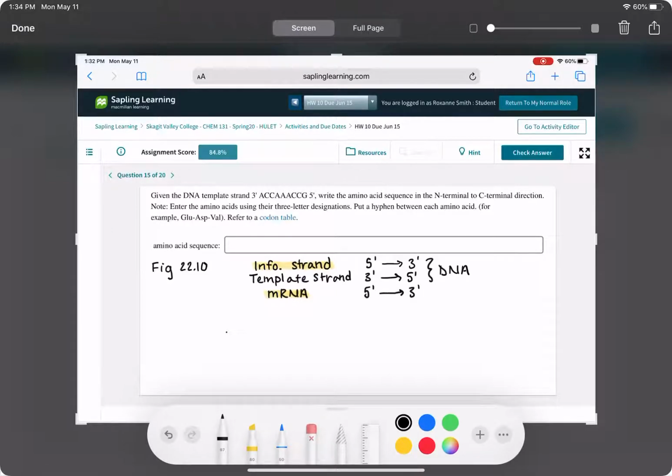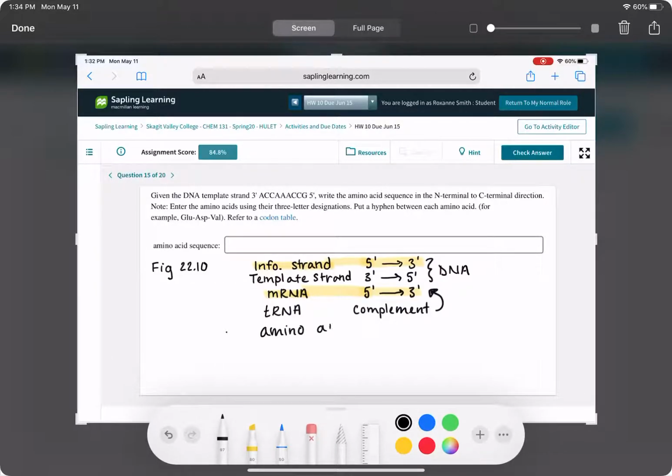The mRNA, just like the informational strand, is going to go 5' to 3', and it's going to be, for the most part, a perfect match, except for the T versus U thing. And then the tRNA doesn't have a strand, so it's not 5' to 3', but it's going to be complementing this strand right here. And then we get the polypeptides or the amino acids.